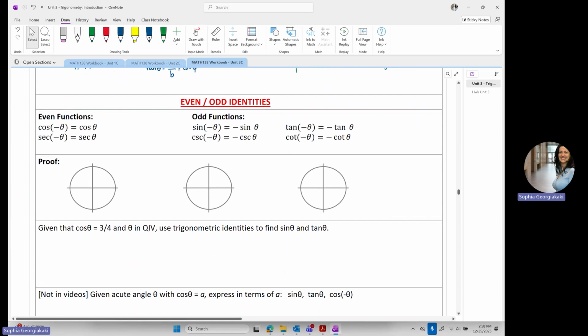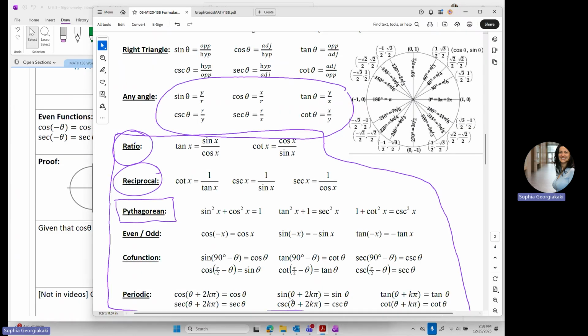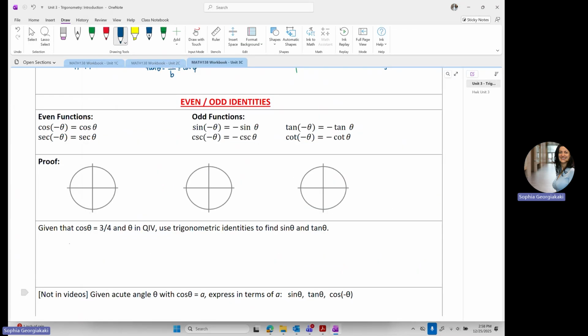The last part of the identities that we have in our packet and we want to work on is what we call even and odd identities. These are functions. So the sine, the cosine, the tangent, and the other three trigonometric values are actually functions that we will be looking at later on in this chapter.